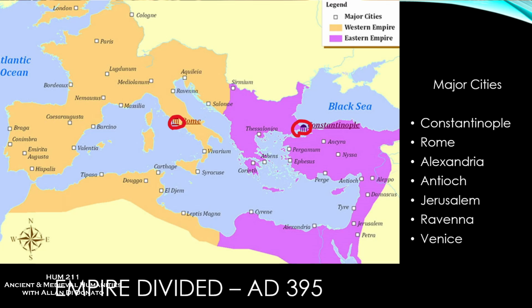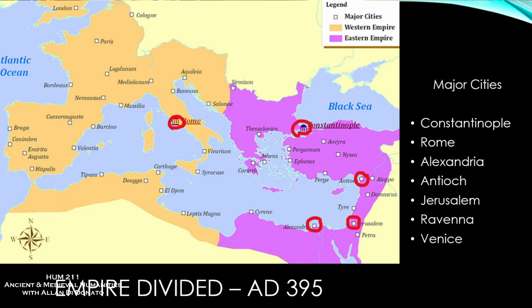The capital actually moved around quite a bit during the later empire. But you also have seats at Alexandria, at Antioch, and then at Jerusalem. Those are the 5 patriarchates. So those are going to be religious centers. They're not all going to have a really important political role. Constantinople and Rome are going to be the most important too.